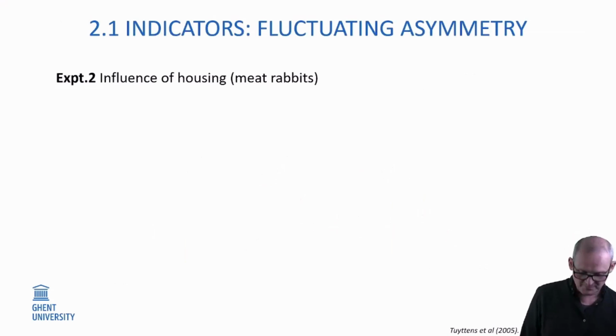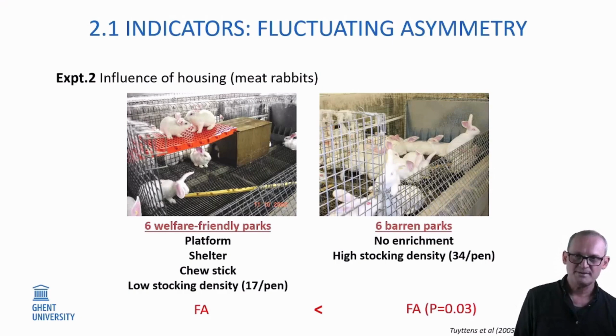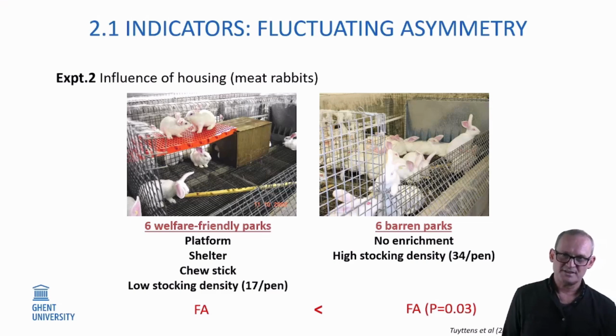We did a similar type of study in meat rabbits to see whether the effect of housing also affects the amount of asymmetry. So now we compared rabbits that were housed in 2 different systems, one welfare friendly and one much less welfare friendly. So in the welfare friendly pens, they had enrichment as a platform, a shelter area, and a stick that they could gnaw on.